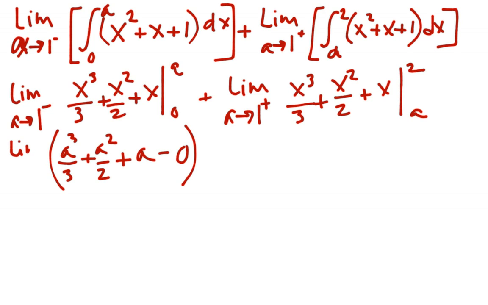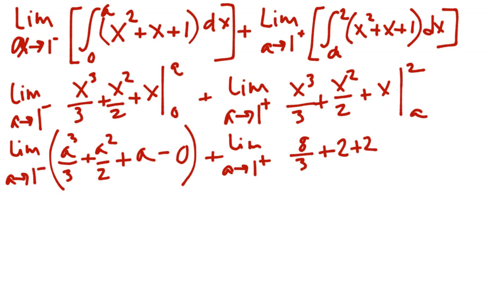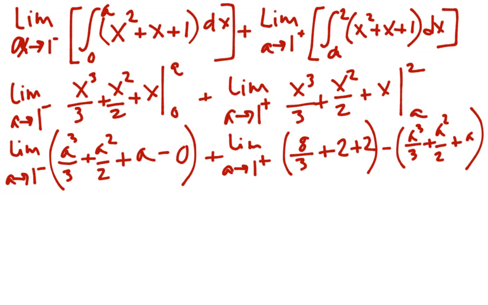And that's the limit as a approaches 1 from the left, plus the limit as a approaches 1 from the right of 2 cubed, 8 thirds, plus 2 plus 2, minus a cubed over 3 plus a squared over 2 plus a. And it's that whole limit.